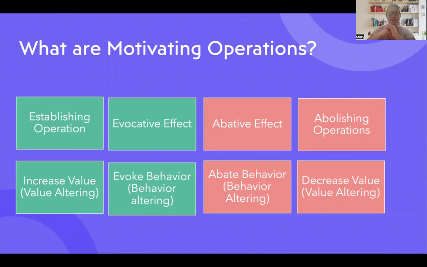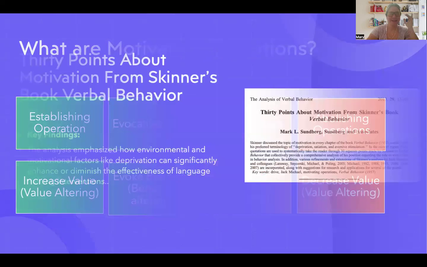On the other side, we have the abative effect and abolishing operation, which decreases that value and decreases the consequence. So when we think of MOs, motivating operations make us want to get things or make us not want to get those things. That's how I remember it.